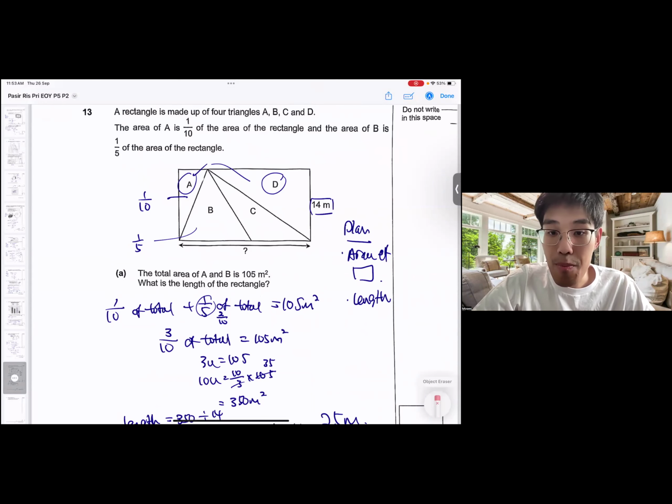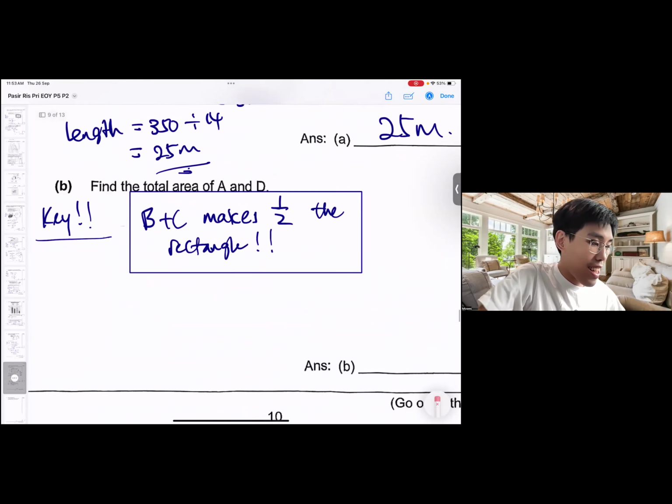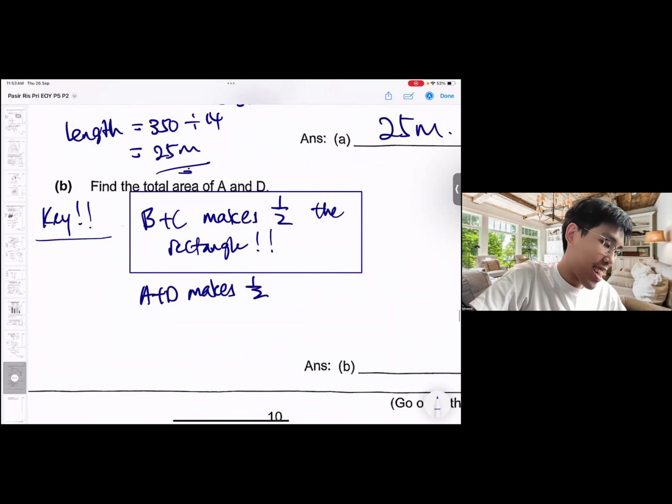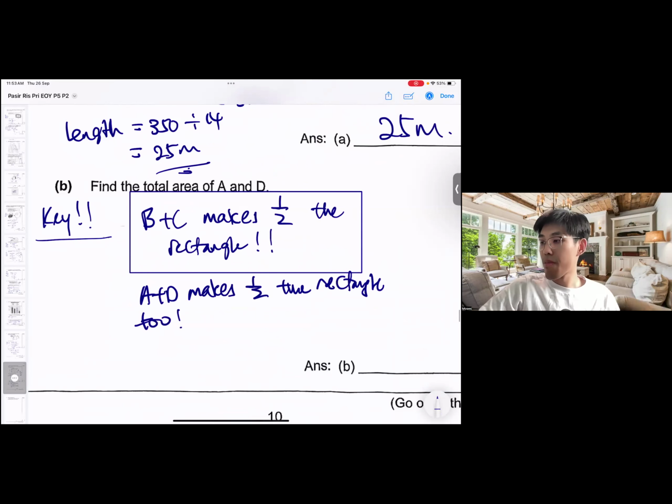What does that mean? That means A plus D makes the other half. Okay, let that sink in a bit.